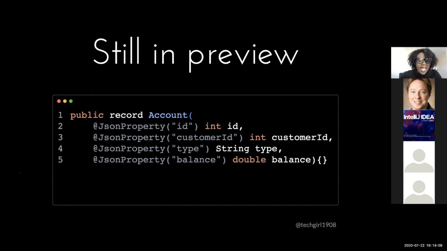So as a hack, you'll need to explicitly bind each field to its respective JSON property. And when and if records becomes permanent, I'm sure the Jackson project will provide support so that the explicit binding isn't necessary. I've already seen an issue or two over there on the Jackson project, so they are aware of this and are working on it.